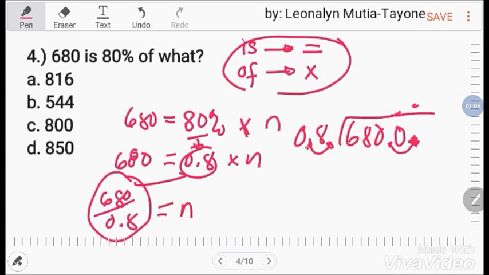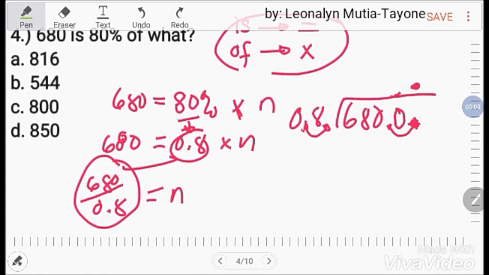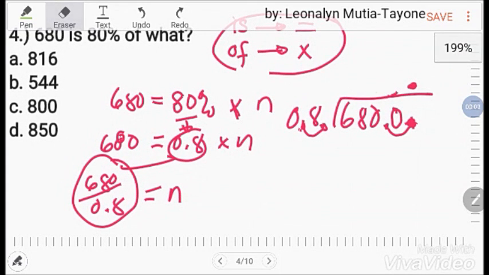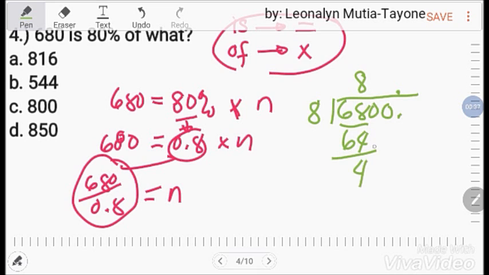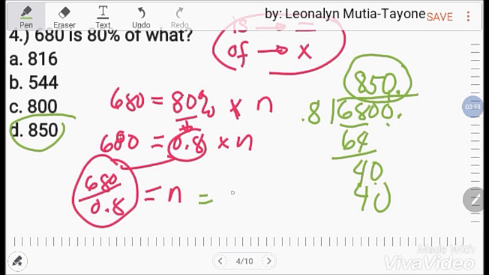I-align natin sa taas. Dito na tayo mag-focus. I-rewrite lang natin para mas klaro. Yung 680 mo, may dagdag na 0 na siya. Ito namang si 0.8, naging whole number na 8. So, 850 ang sagot dito.